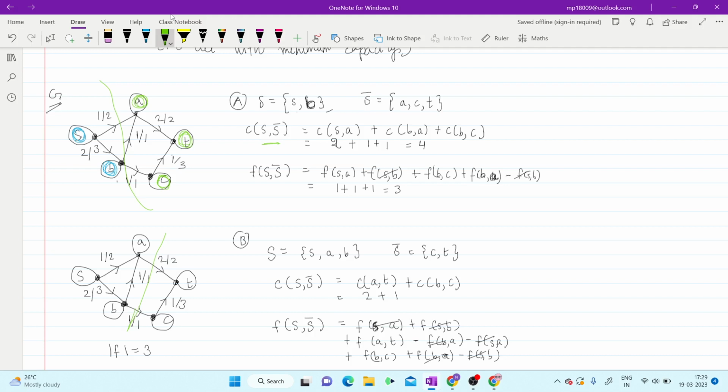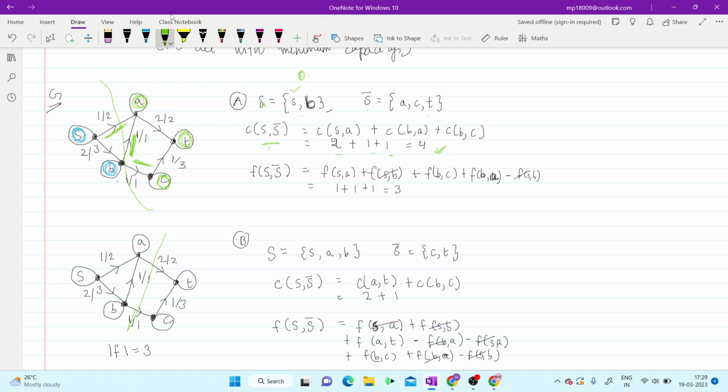In this cut, little s belongs to S and T belongs to S bar, so this is an ST cut. Now what is the capacity of this cut? There are just 3 such edges whose one vertex is in S and the other in S bar, which are SA, BA and BC. So for capacity we have 2 plus 1 plus 1, which comes out to be 4.